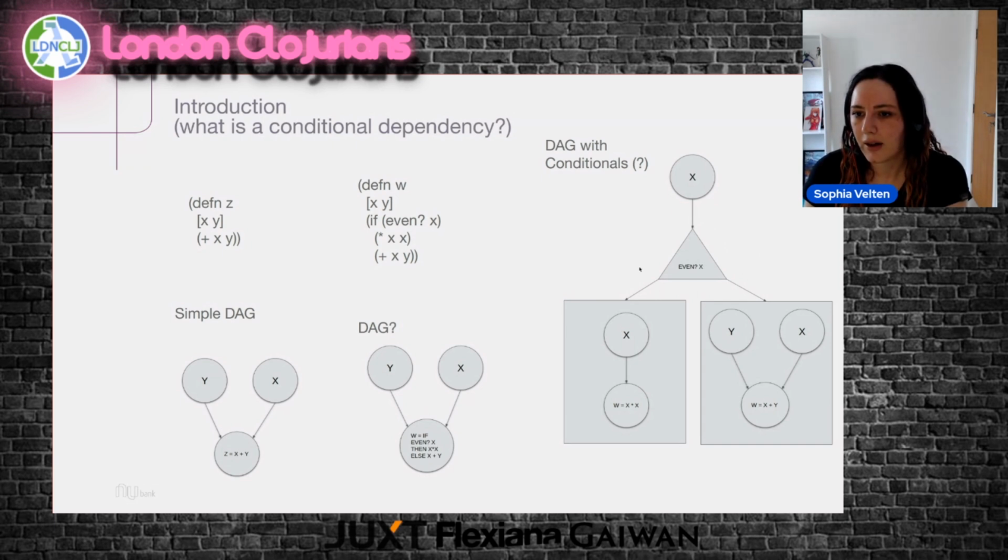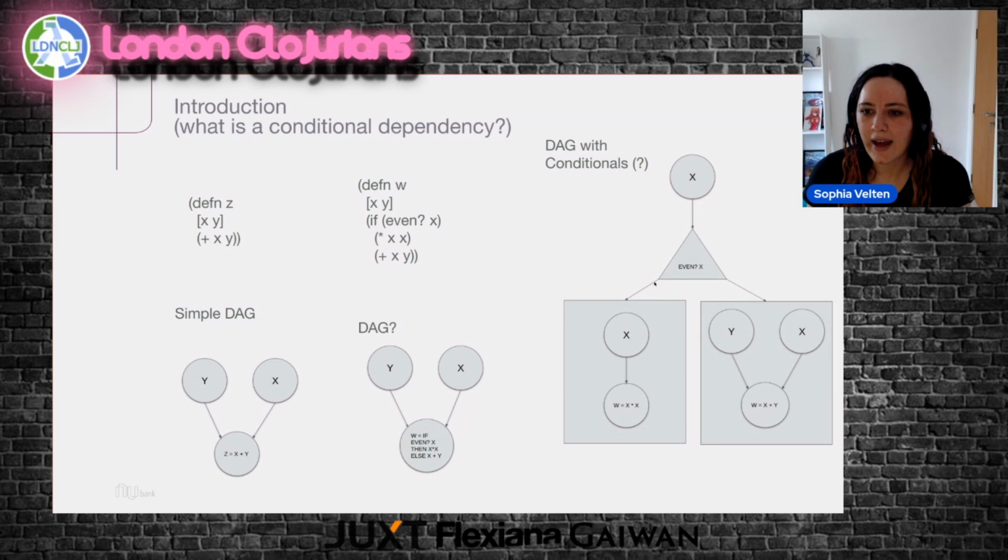And depending on whether x is even or odd, we have two different DAGs that may arise from this. It's not clear which of the DAGs you are going to use until you actually calculate the condition.